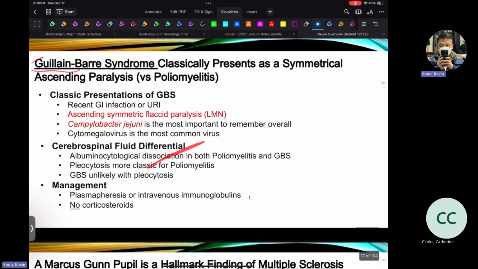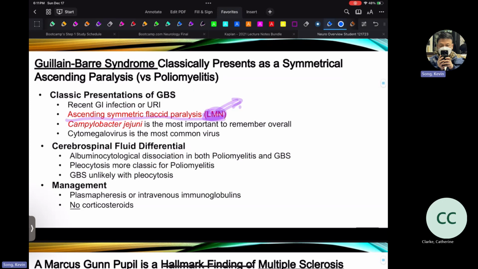Now Guillain-Barré. First, I had a hard time pronouncing it. Guillain-Barré is okay, but why is it called Guillain? It's kind of Spanish origin, I think, the pronunciation, whatever. One thing you need to know is Guillain-Barré: ascending symmetric flaccid paralysis, that's understandable, and only in the low motor neuron.